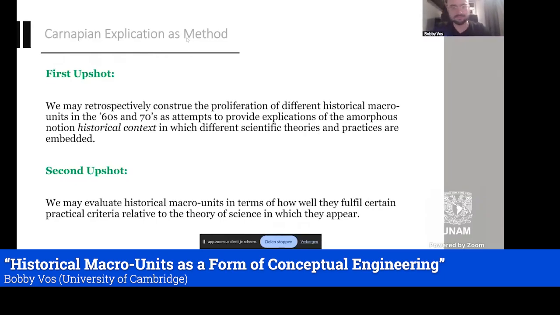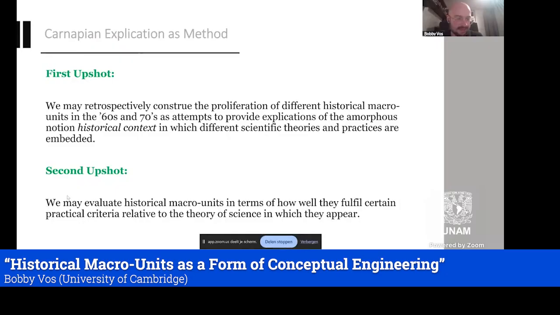So this is a very sketchy outline of this methodological perspective, but even on that sketchy view, I think there are already a few upshots we can take away for the use of historical macro units. So the first upshot is that we may retroactively construe the proliferation of different historical macro units in the 60s and 70s as attempts to provide explications of the amorphous notion of historical context in which different scientific theories and practices are embedded.